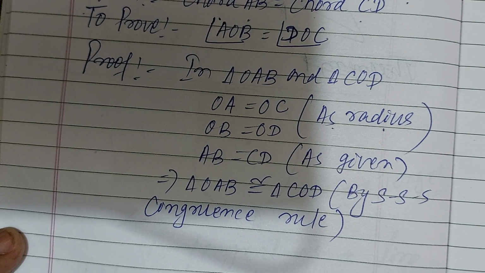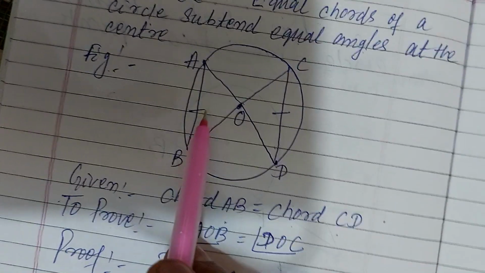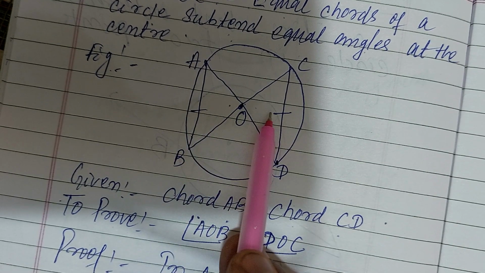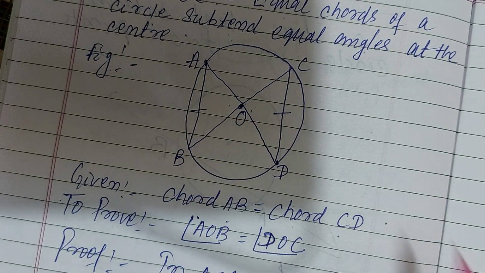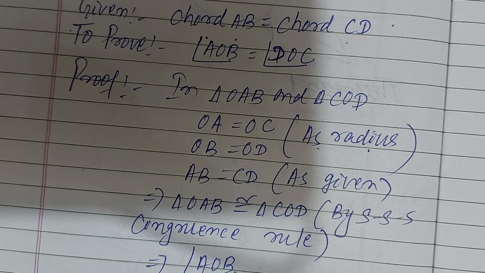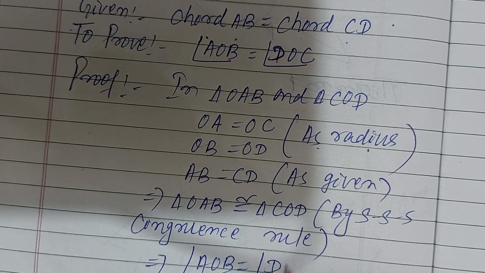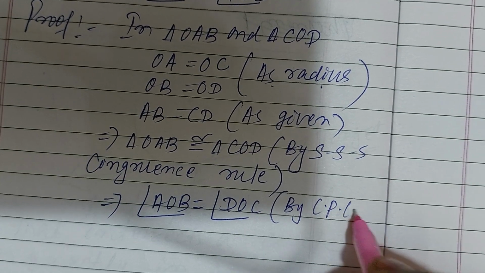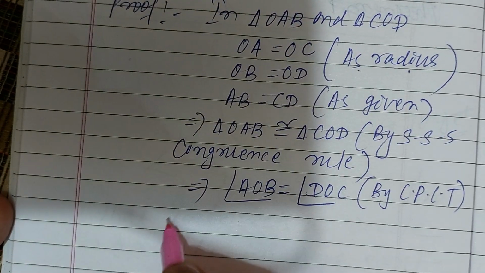And after congruence, you know that the angles opposite to equal sides are equal by CPCT. So that implies angle AOB is equal to angle DOC by CPCT, corresponding parts of congruent triangles. Hence proved.